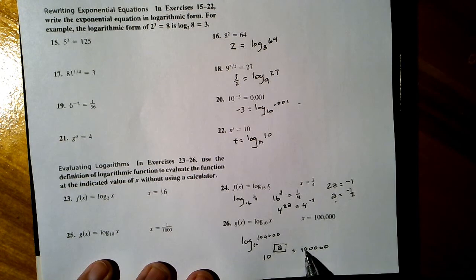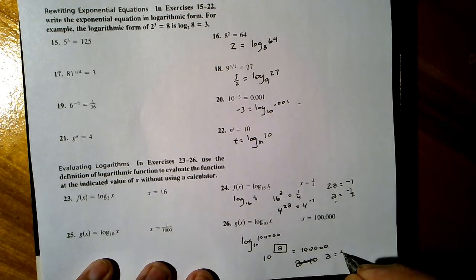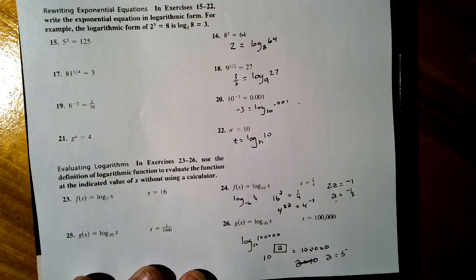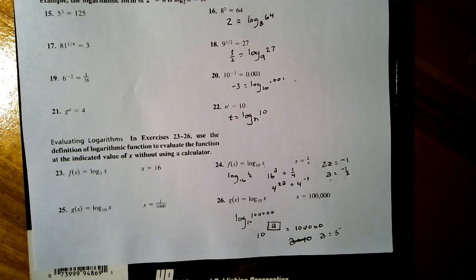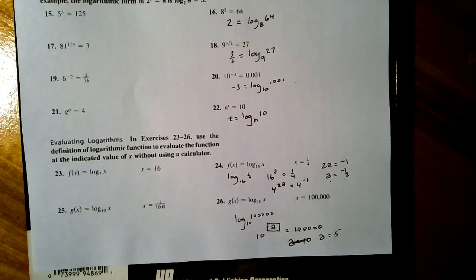Well, let's see, 10 to the first would be 10, to the second 100, to the third, to the fourth, to the fifth. A is 5. Okay, there you have it.